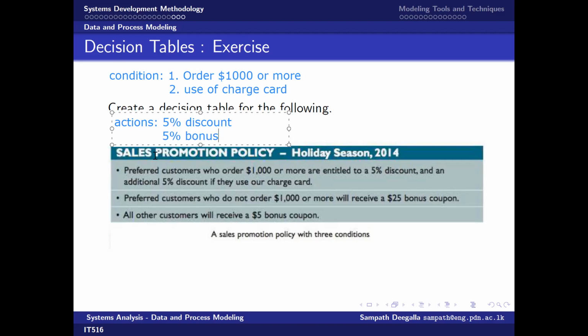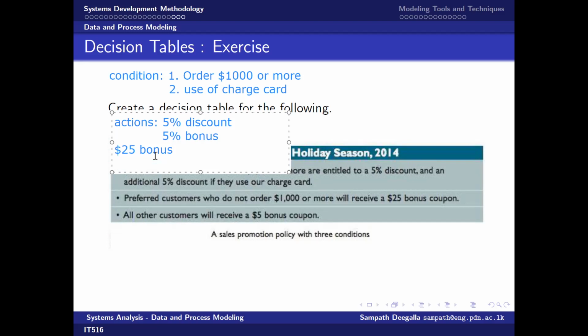Right, then $25 bonus. And then $5 bonus, right? Can you put it like this? So actually I think we have to combine the first two together. 5% discount if they have used this, because you have to have both.